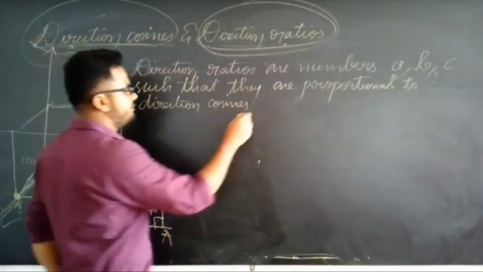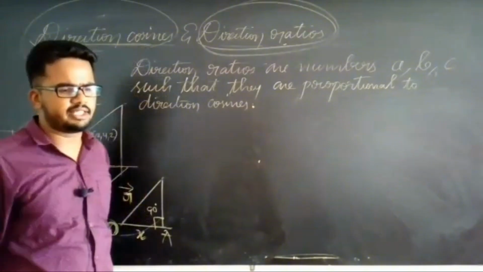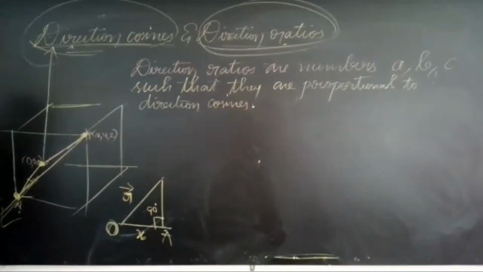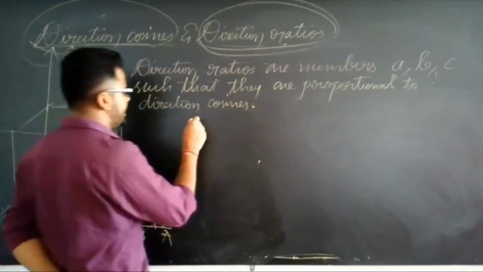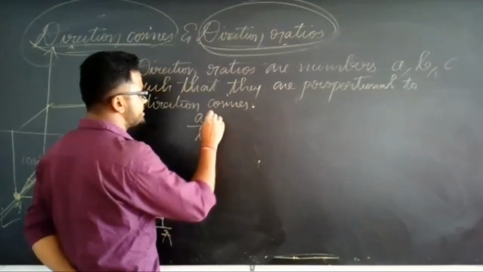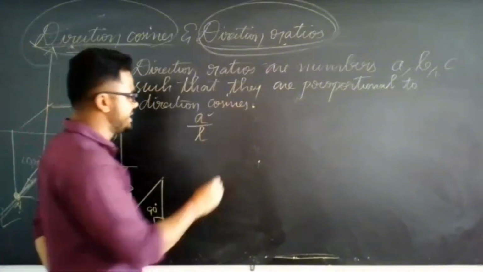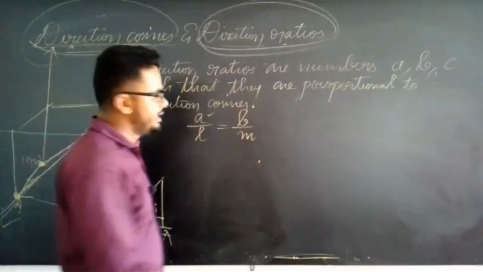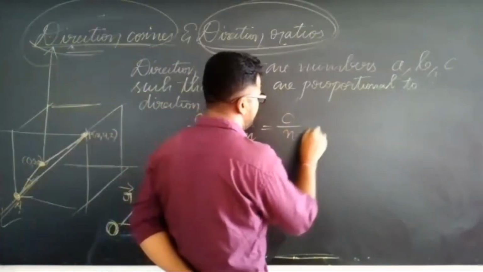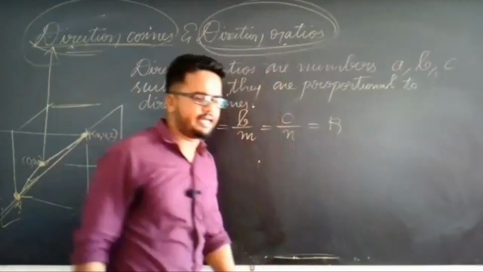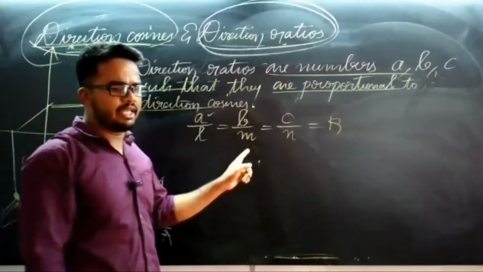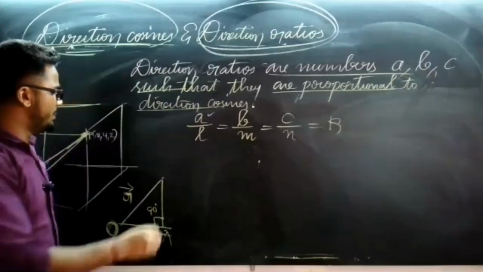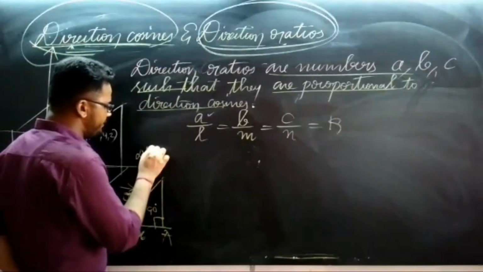Clear? Next, if I go further in this, what is the direction ratios? See, directly it gives A by L, where A is direction ratio. It will be in proportion. B by M, and C by N will be equal to a constant called K. A by L, B by M, and C by N will be equal to K. But we know that just now we have finished one concept.